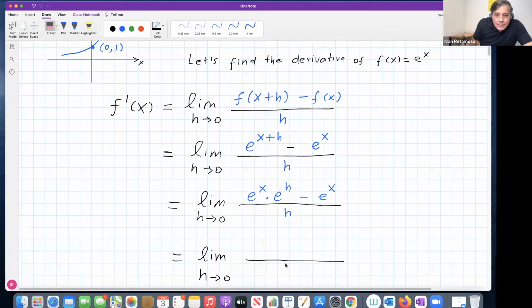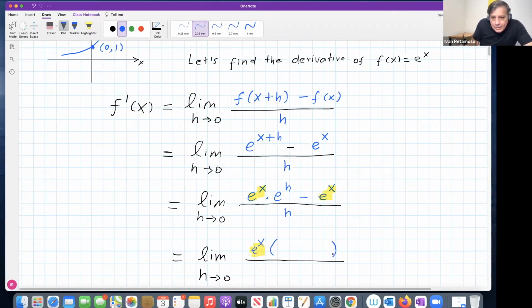So next, what's going to happen here? If we factor out e to the x, notice these e to the x are the same, right? We factor out these two, e to the x outside.